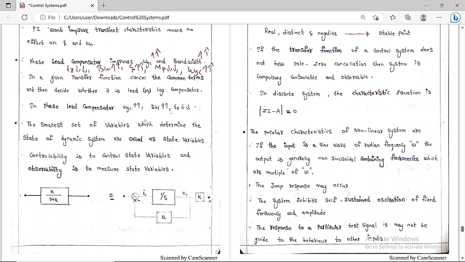The next point is, the smallest set of variables which determine the state of a dynamic system are called the state variables.